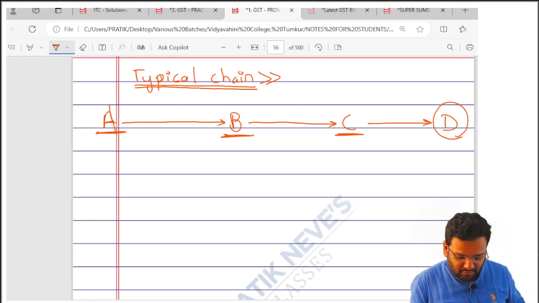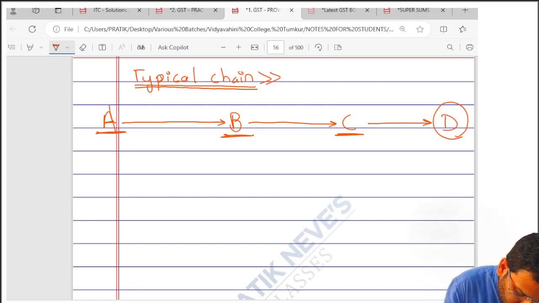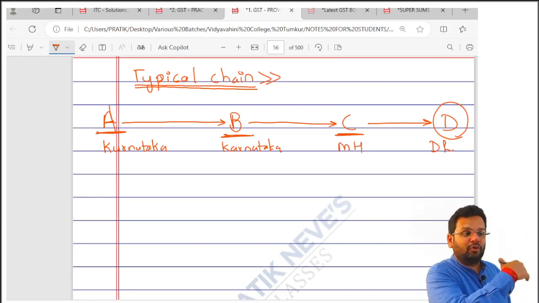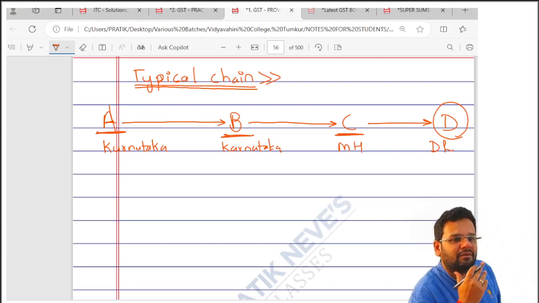Keep A in which state? Karnataka. Where do you want B? Karnataka. Where do you want C? Where do you want D? Delhi. Fine, Delhi.